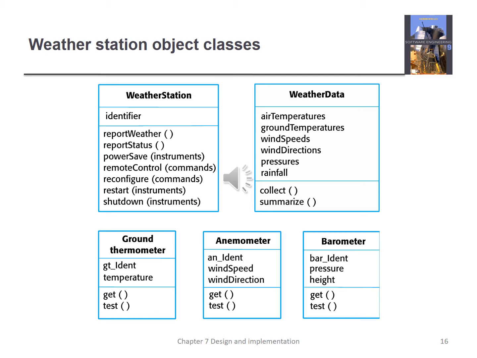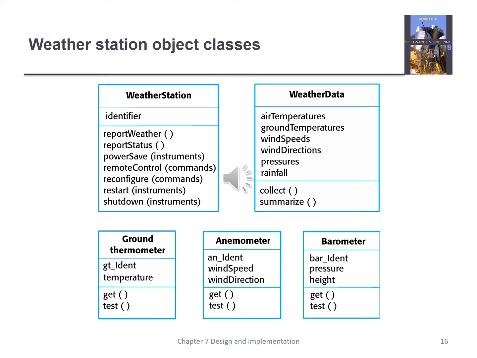What it's doing, we'll take the ground thermometer. What it has is an identification number and then a temperature. These are really the attributes of it. And the functions they do are get and test, which is the thermometer, temperature, surface temperature, whatever. The anemometer, wind speed. Again, that's an object.